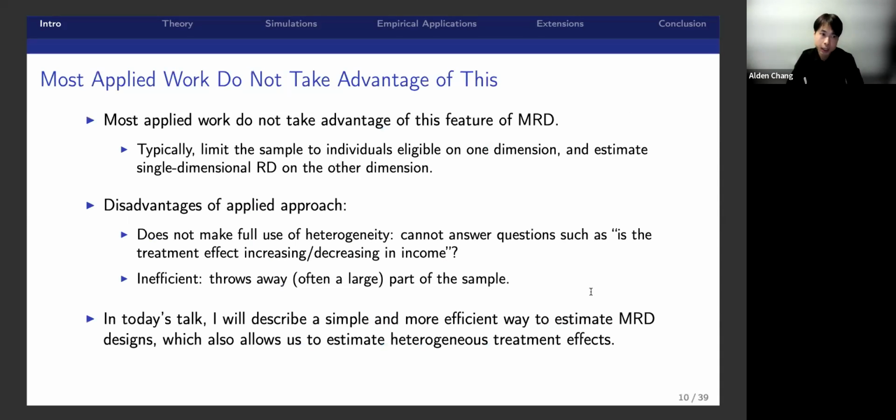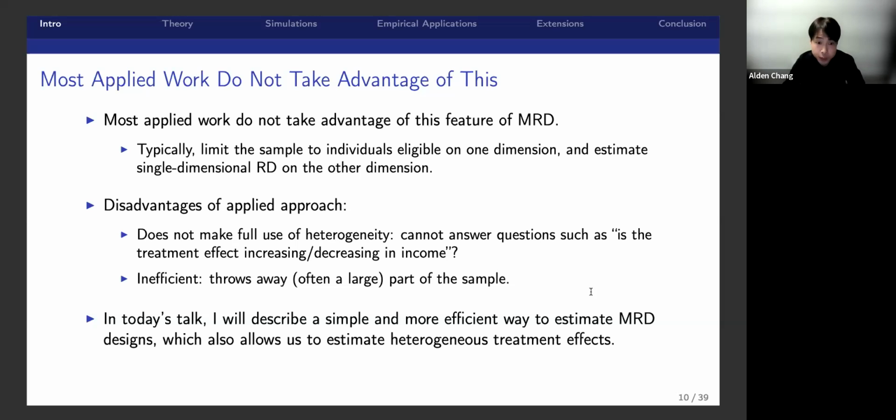So there are a couple of disadvantages of this applied approach. First of all, it does not make full use of heterogeneity. For example, we can't answer questions such as, is the treatment effect increasing or decreasing in income or test scores? A second disadvantage is that it is quite inefficient.